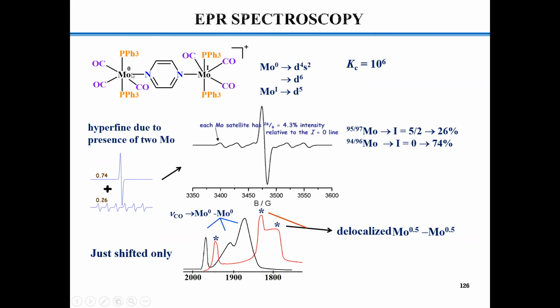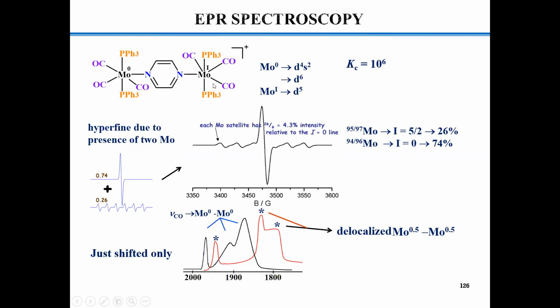And here one metal is in the 0 state, the other metal in the 1 state. Now 0 state means d6 configuration: chromium, molybdenum, tungsten. So it is d6 configuration. And if you consider moly in the 1 state, it is a d5 configuration. So d6 means t2g6, low spin, no unpaired electron. Here, one unpaired electron is there.